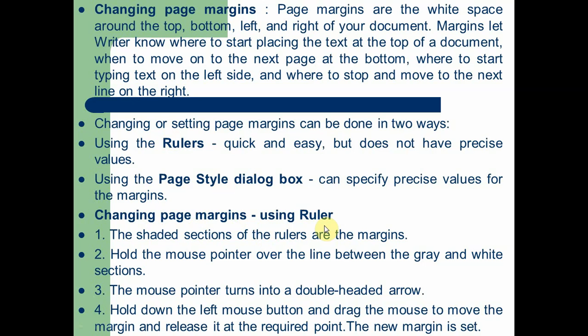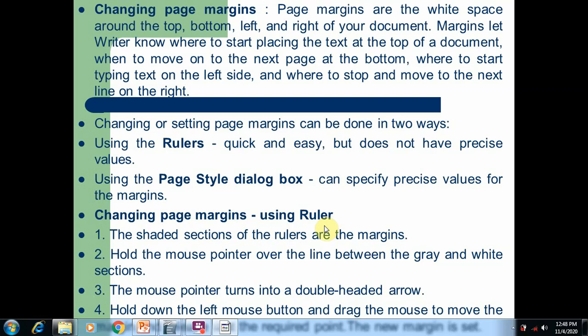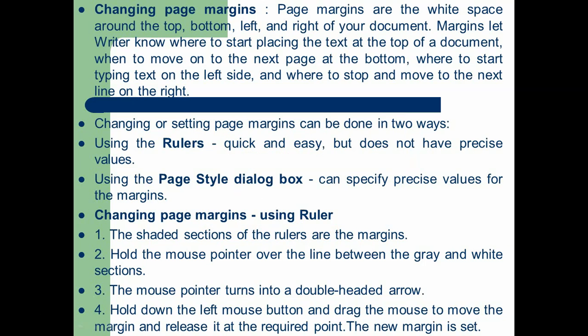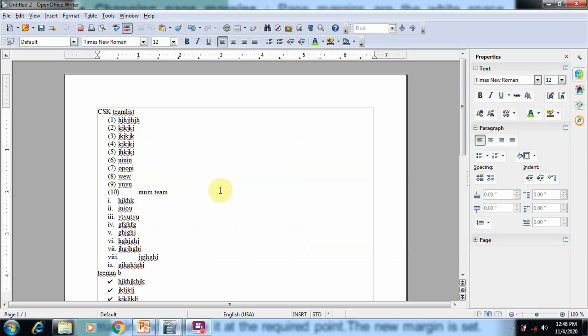This method is used when we try to change the margin without knowing the exact value, without having a precise value. If you don't know the exact value for the left margin and you want to change it approximately, then you can use this ruler method, where we change the margin size approximately, that is without a precise value.